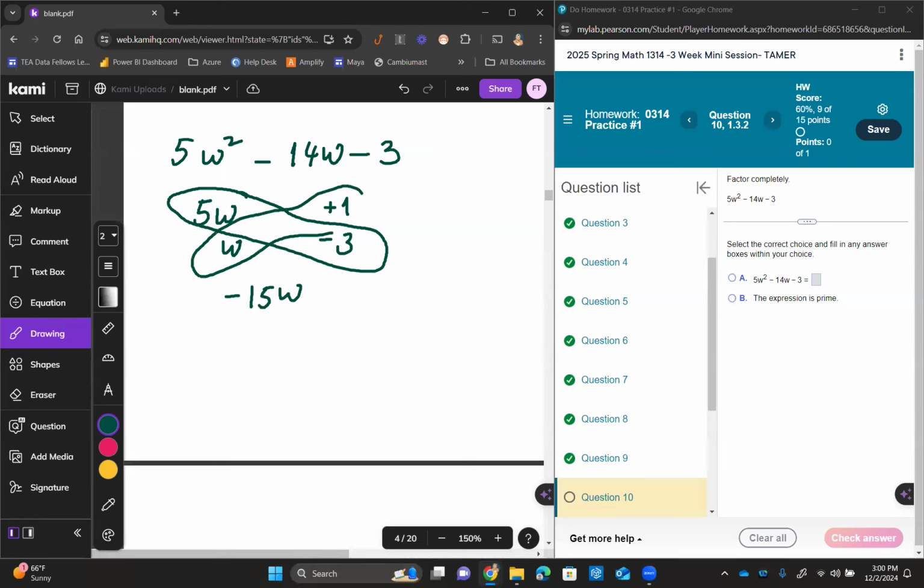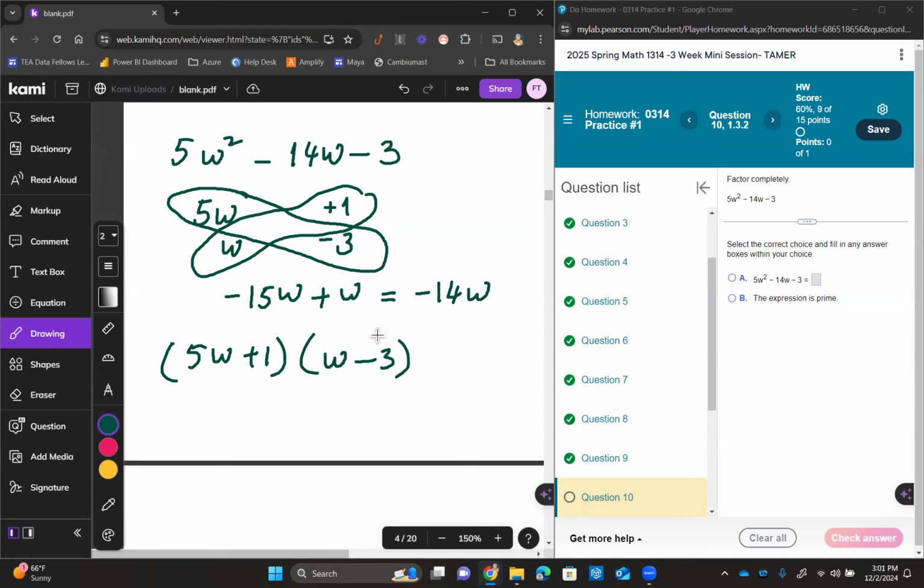Then I multiply these two, which gives me a positive w, and when I combine them, that's negative 14w, which is in the middle. So exactly these are the factors that I'm looking for. The first factor will be 5w plus 1, and the second factor will be w minus 3.